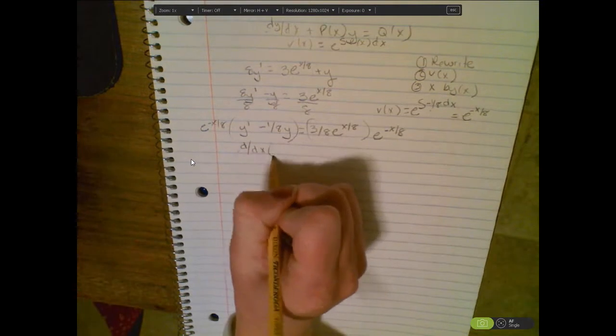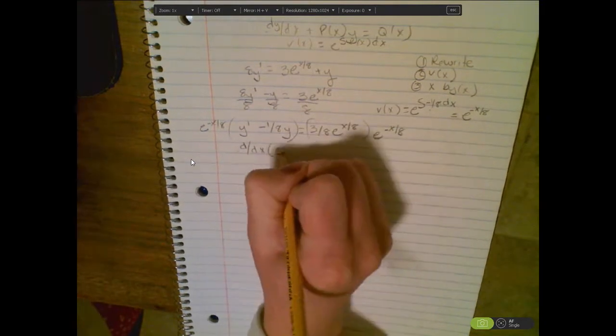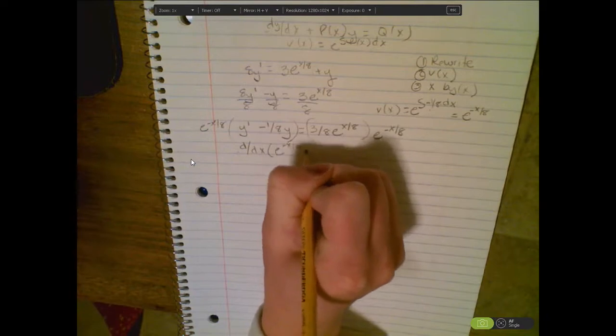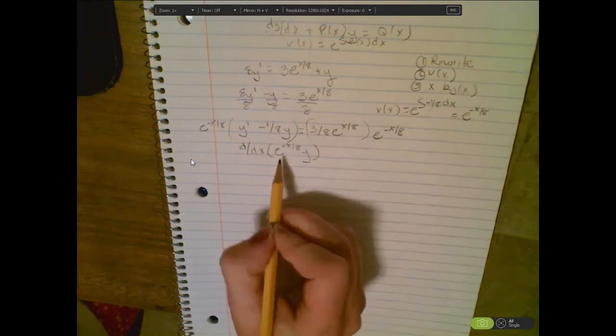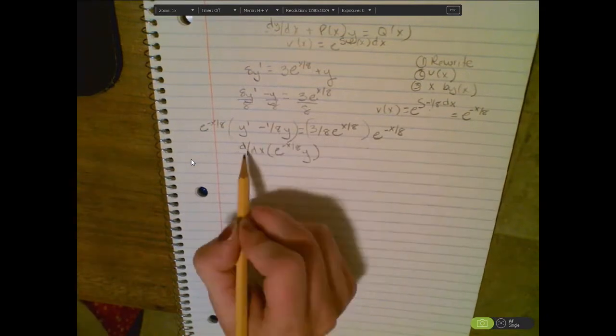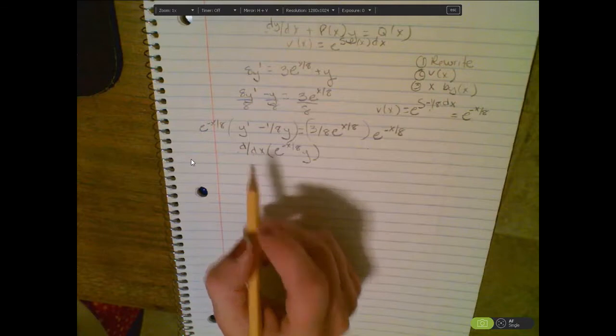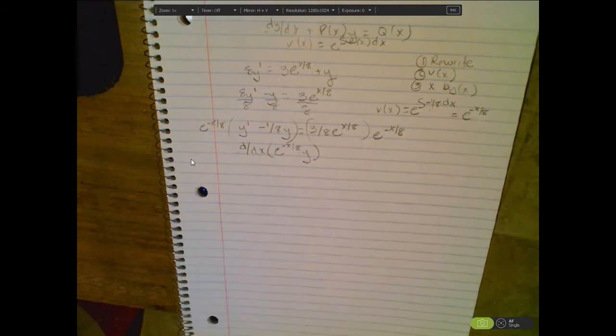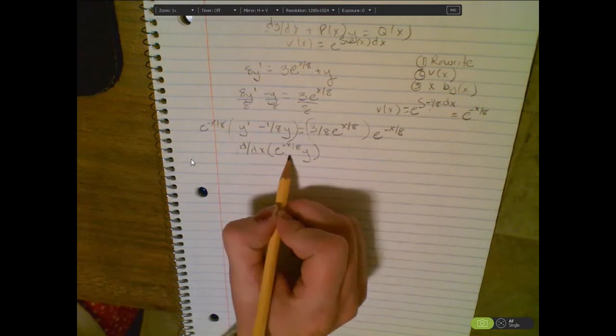You can look at your book for a proof if you don't believe me. I also talk about it in the notes. It becomes the v of x term times y, and it's the derivative of this. In essence, we went backwards and took the integral to get out of this mess. So this is what you have left.